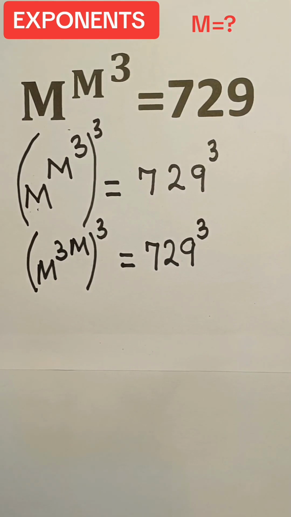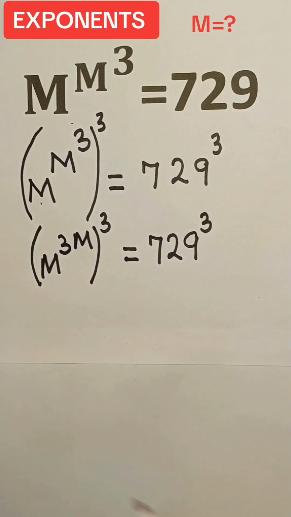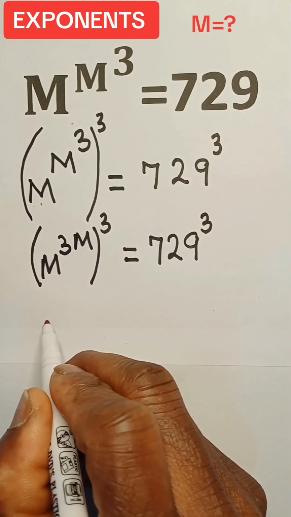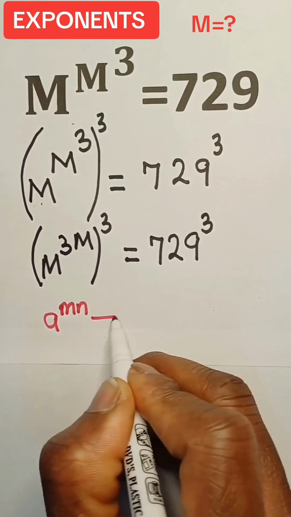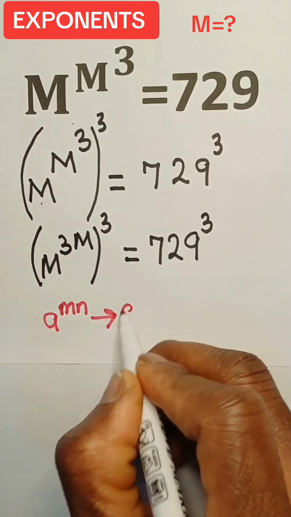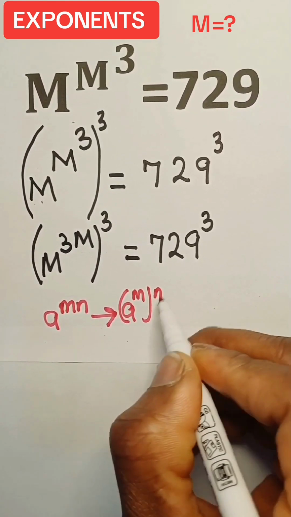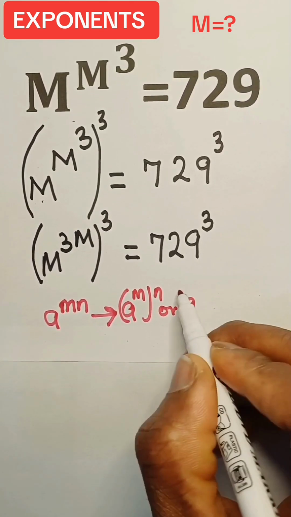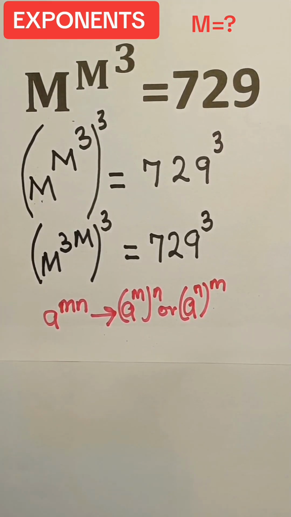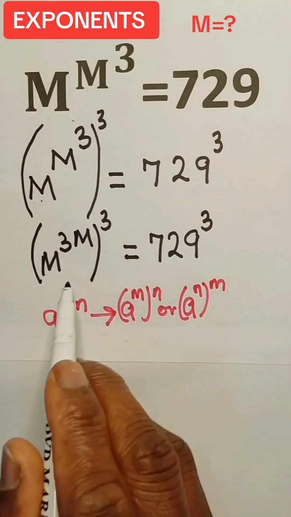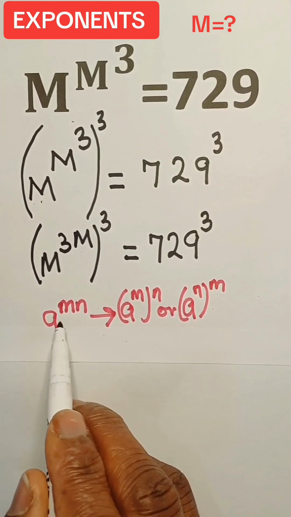I would like us to be familiar with the law of indices that says that if we have, say, a raised to the power of mn, this can be equally expressed as a raised to the power of m times n exponent, or a raised to the power of n times m exponent. On the left hand side, we are going to apply this law. This is the format we have now, which is equivalent to this. We are going to transit from this format to this format.